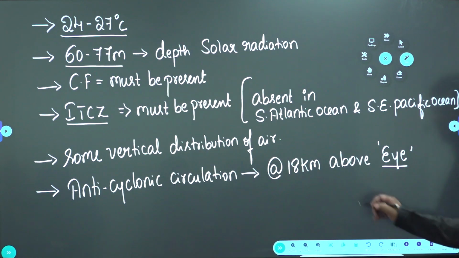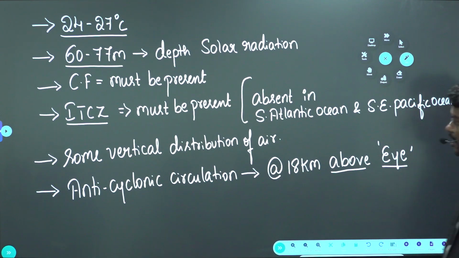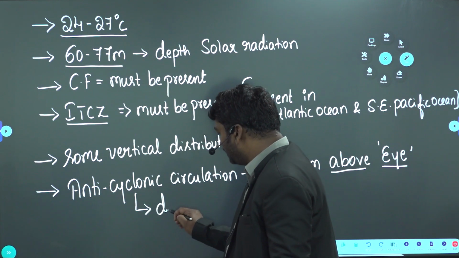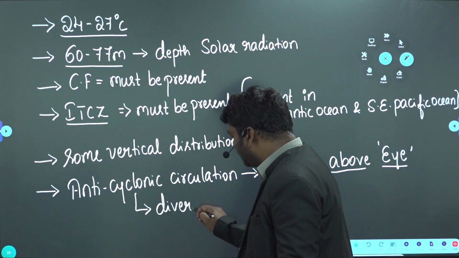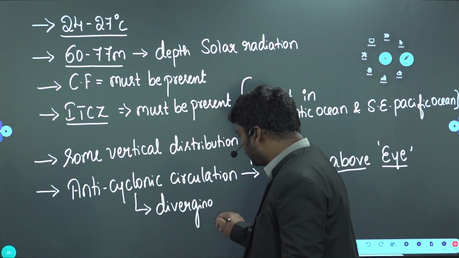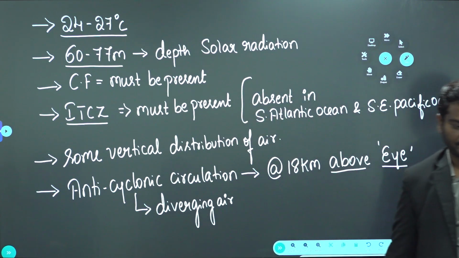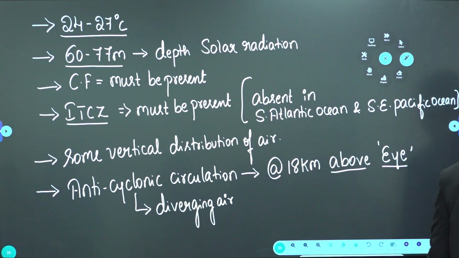Two things, it must be above, not below. Below will be cyclonic, so above will be anticyclonic. The moment I say anticyclonic, the meaning of that is, it is diverging air.